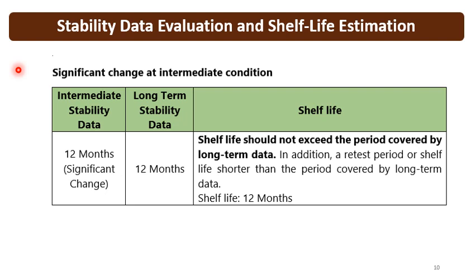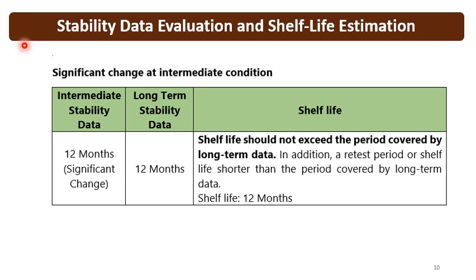In addition, a retest period or shelf life period shorter than the period covered by long term data can be assigned. So for those products, the stability data is okay only for the long term condition. That's why the shelf life cannot be extended, and shelf life will be equal to the long term data only.